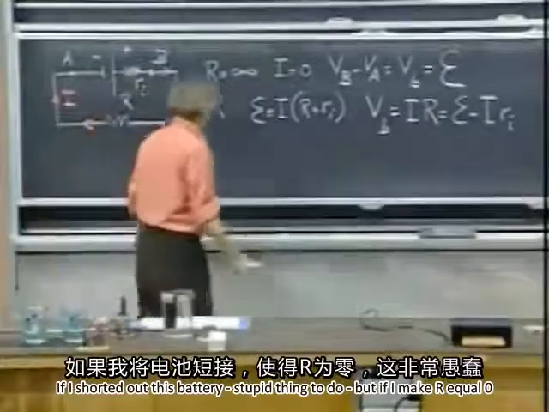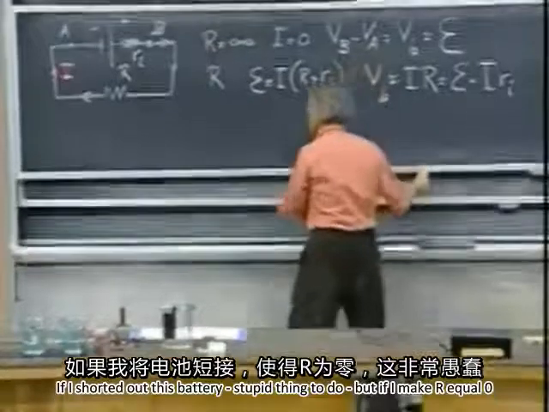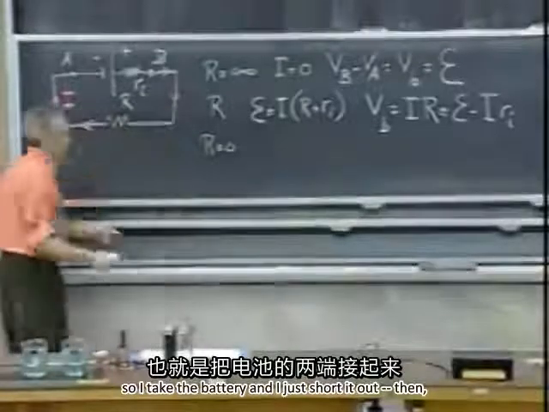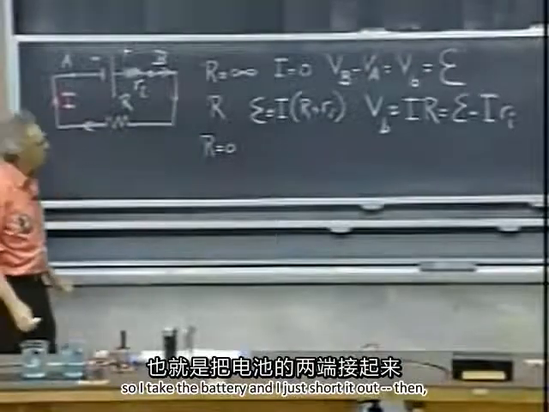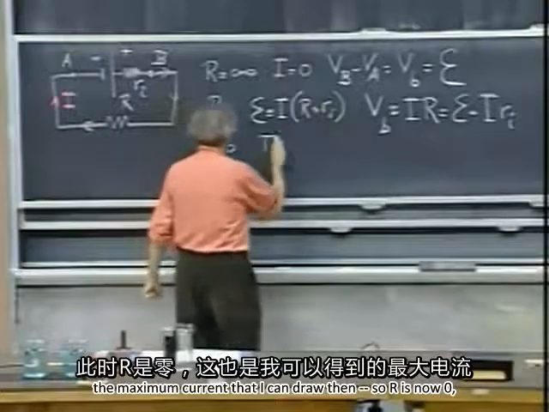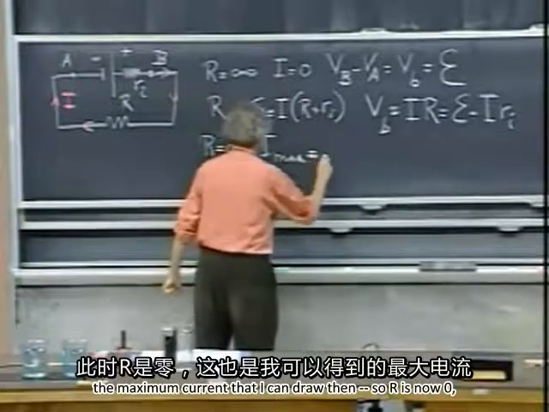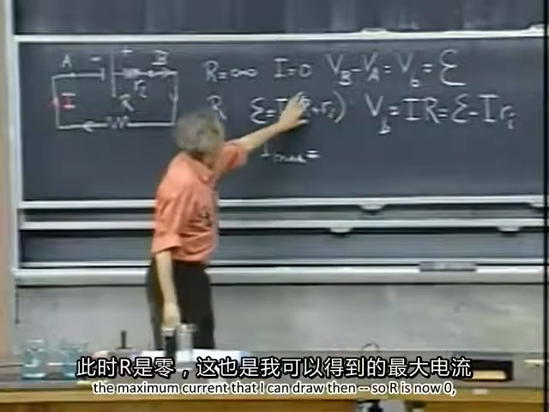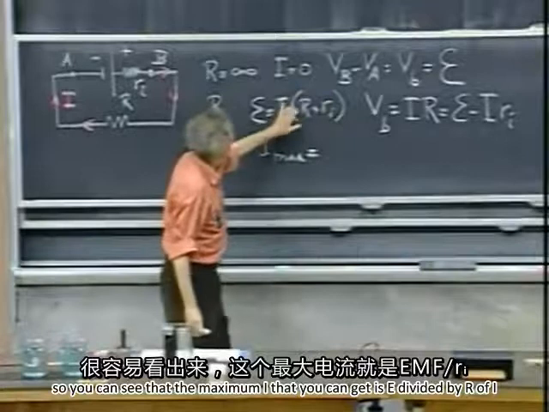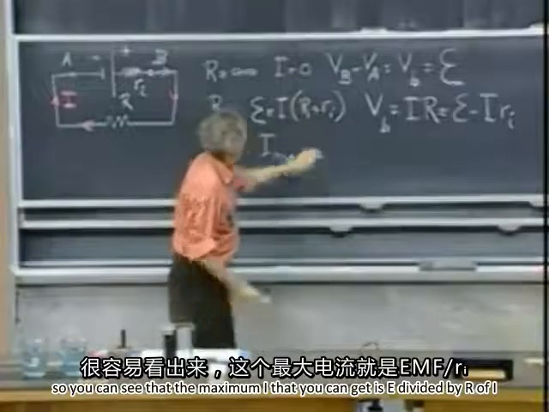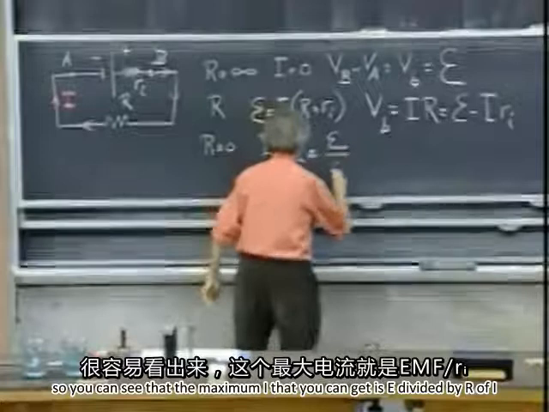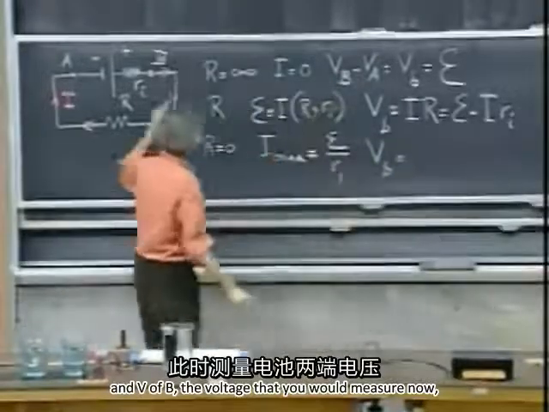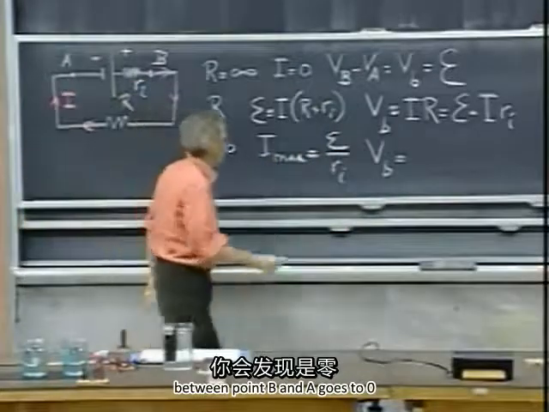If I shorted out this battery, stupid thing to do, but if I make R equals 0, so I take the battery and I just short it out, then the maximum current that I can draw, so R is now 0, you can see that the maximum I that you can get is E divided by r of I, and V of B, the voltage that you would measure now between point B and A, goes to 0.